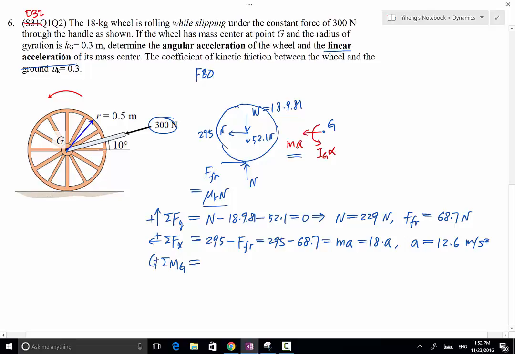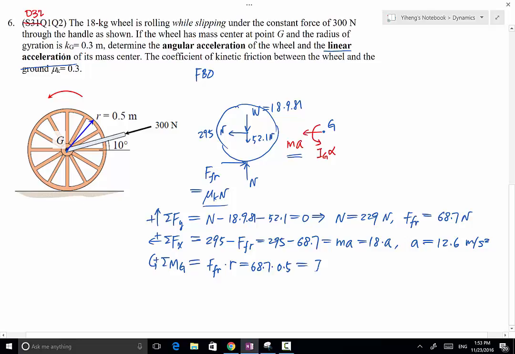And the weight force, this applied force, and the normal force do not have moment about point G because they have lines of action passing through point G. So the only force that does have moment about point G is the frictional force with a moment arm of the radius. It's counterclockwise. So this equals 68.7 times the radius of 0.5 meter.